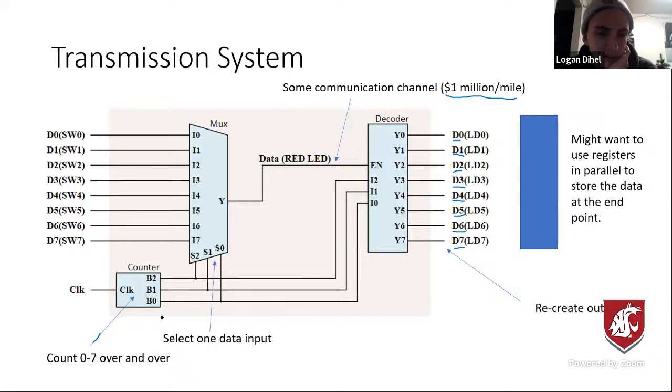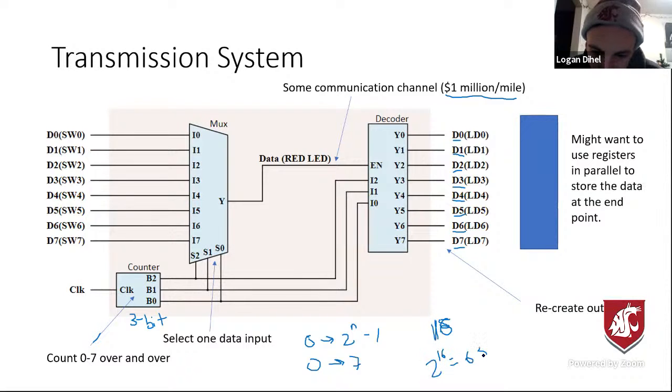So I guess we'll just cover that right now. This is a 3-bit counter. If it's a binary counter, it's going to count from 0 up to 2 to the n minus 1. So this is 0 to 7. If we had a 16-bit counter, 2 to the 16 is 65,536, so a 16-bit counter would count from 0 to 65,535 and then reset to 0.